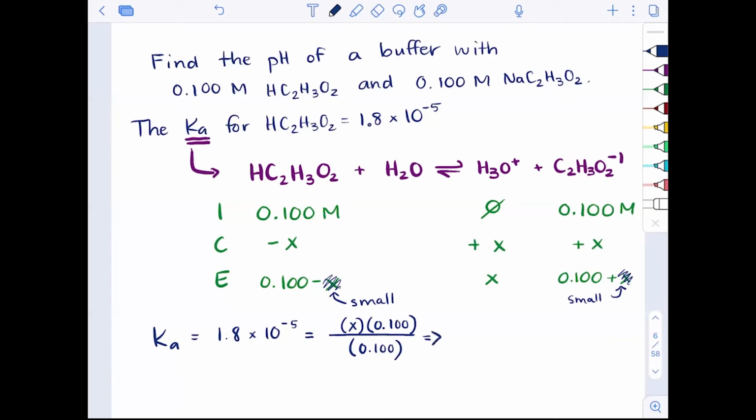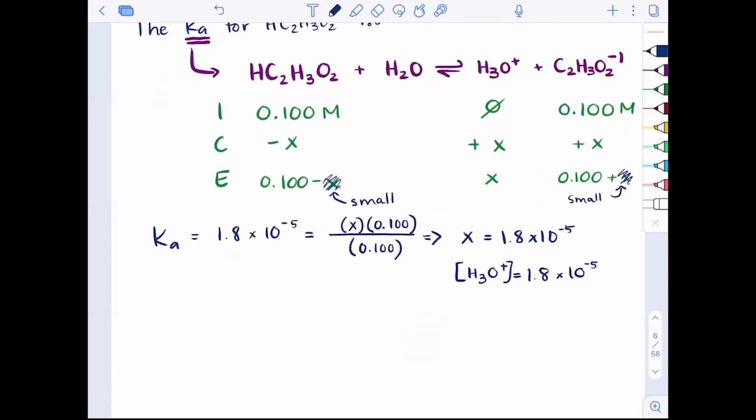Solve for X. X here is equal to the Ka. X is the hydronium concentration, and that's the value that we will want to find. Remember, if we want to find the pH, we need the hydronium concentration at equilibrium.